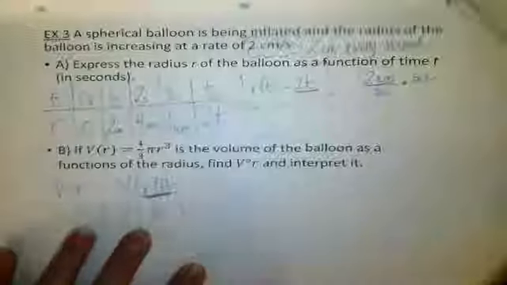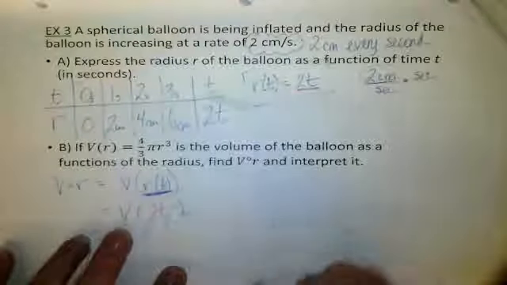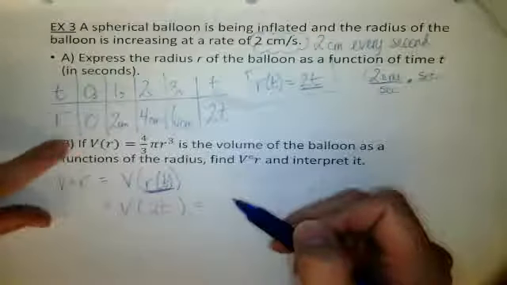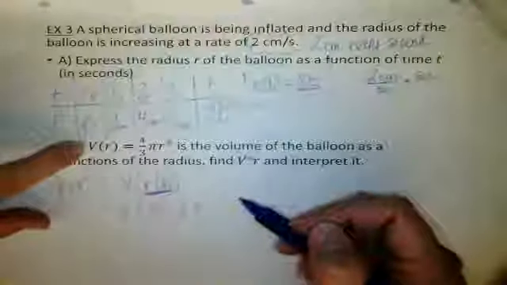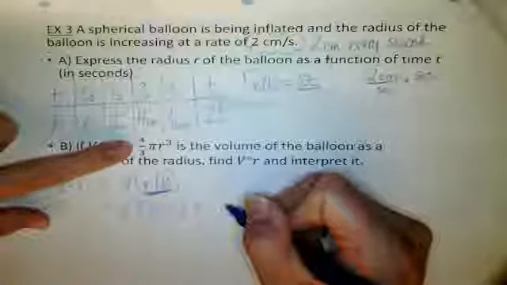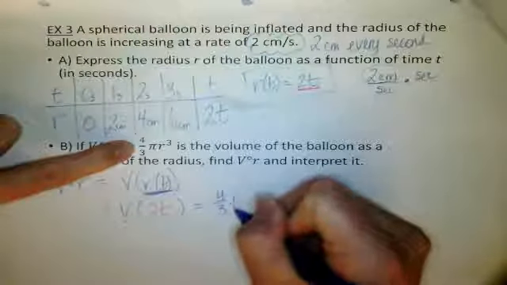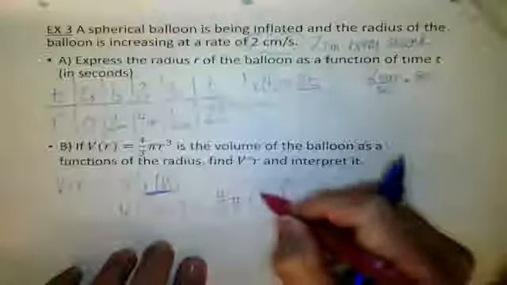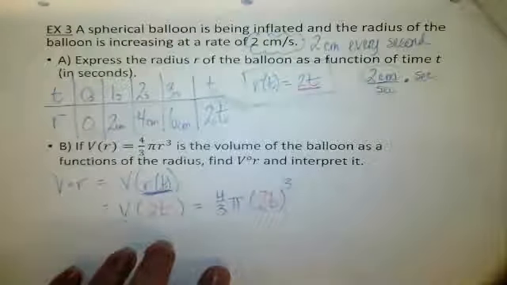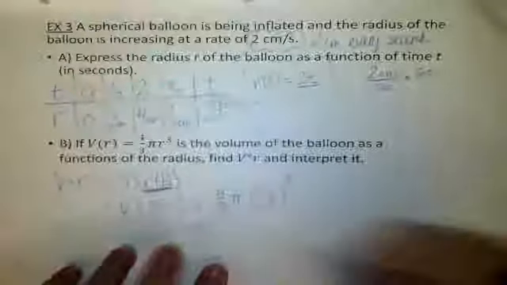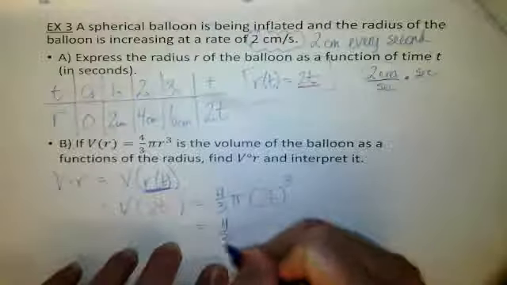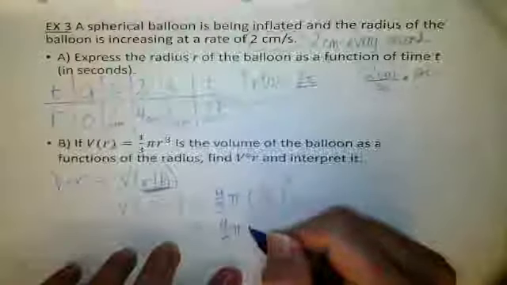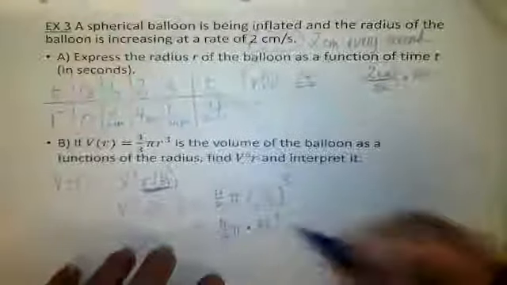And then what does V of 2t tell me to do? Plug into your volume equation. And so we're going to take 4/3 pi, and what are we plugging in place of r? 2t. So 4/3 pi, and what is 2t quantity cubed? 8t cubed, good.